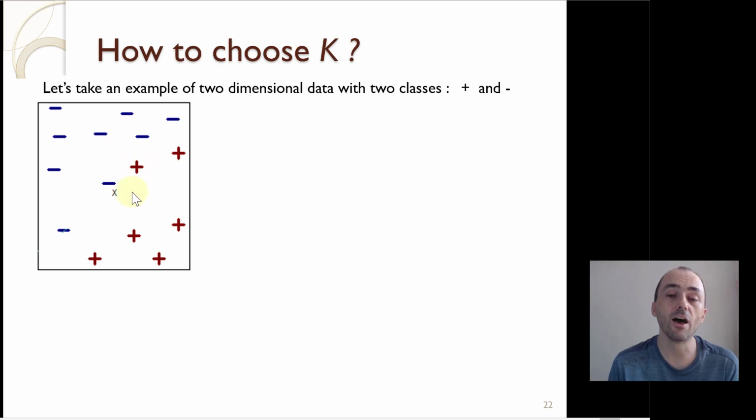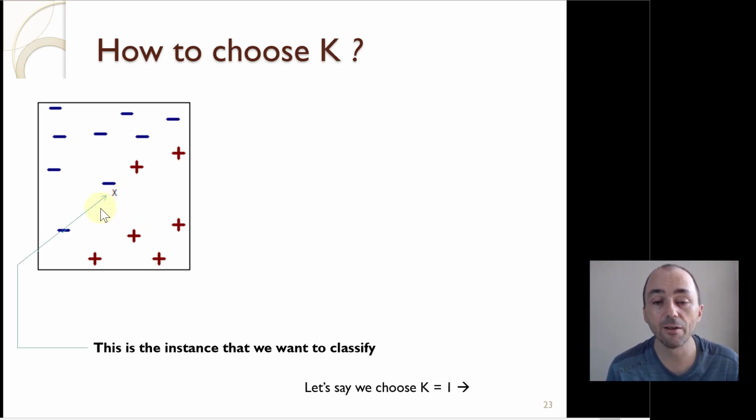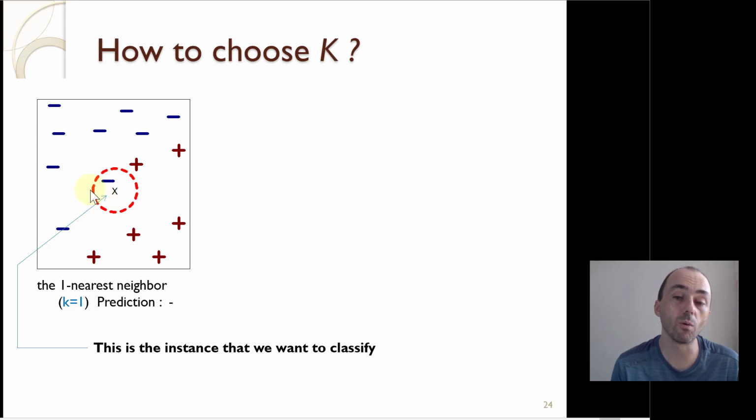Now we have a new object X. We want to decide X belongs to which class, the minus or the plus. So how do we do this? Let's say we choose K equal 1. So K equal 1 means you look at the object that is the closest to X. It is a minus, so then our prediction is that X is also a minus, the class minus.